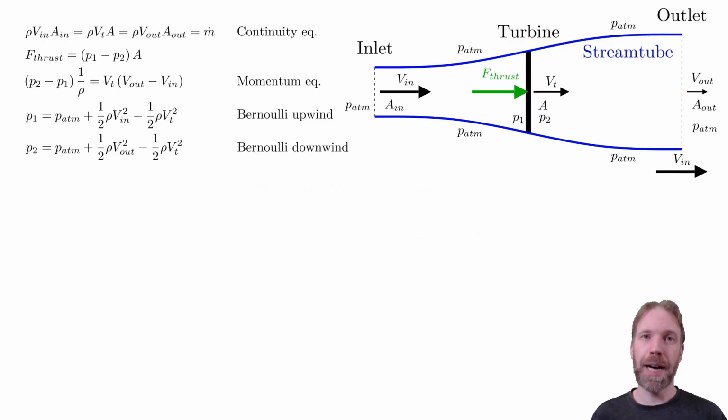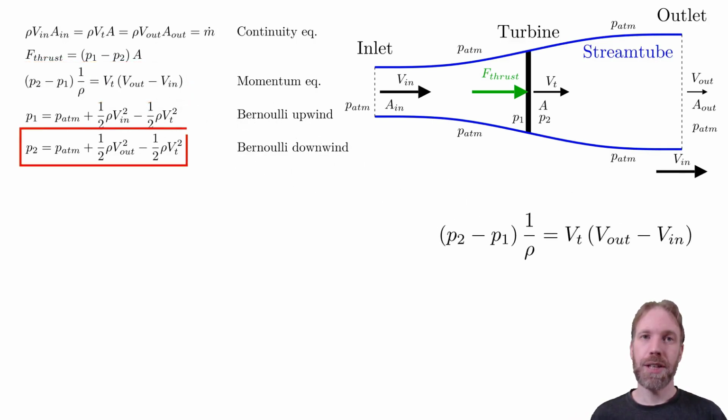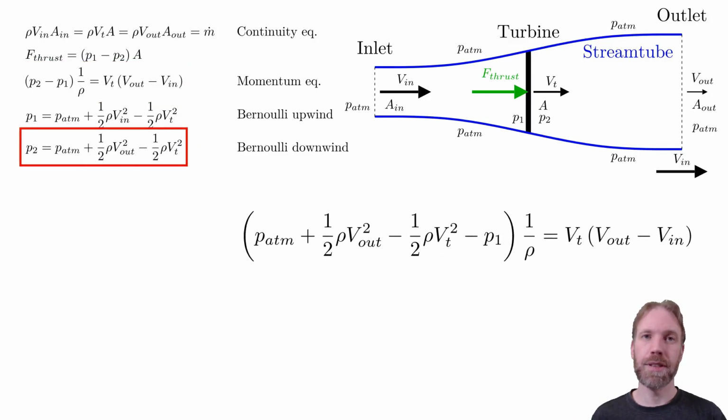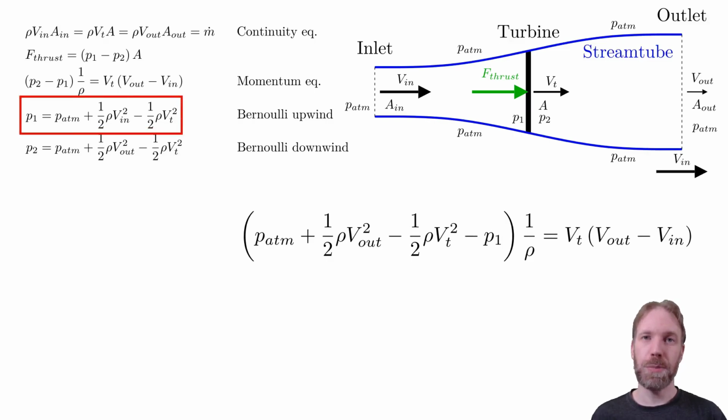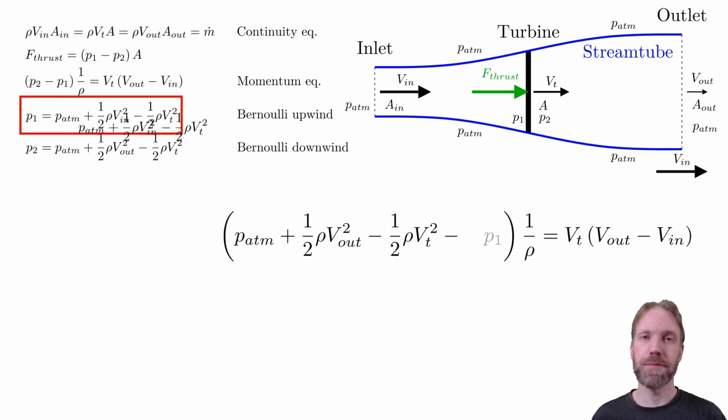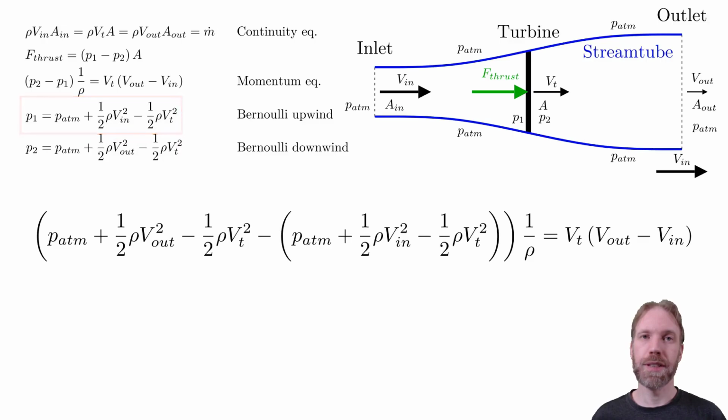Now, we want to combine all the equations. Start from the momentum equation. Use Bernoulli downwind to replace P2. Use Bernoulli upwind to replace P1. Remove the parentheses.